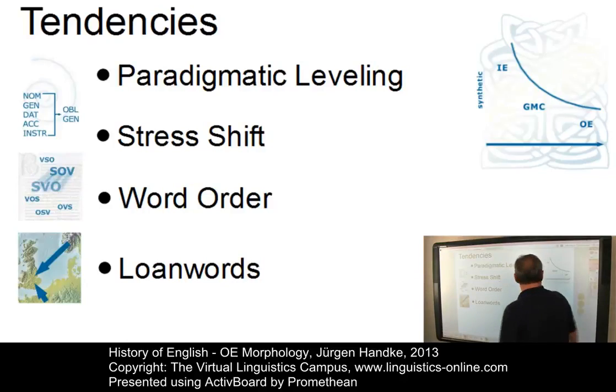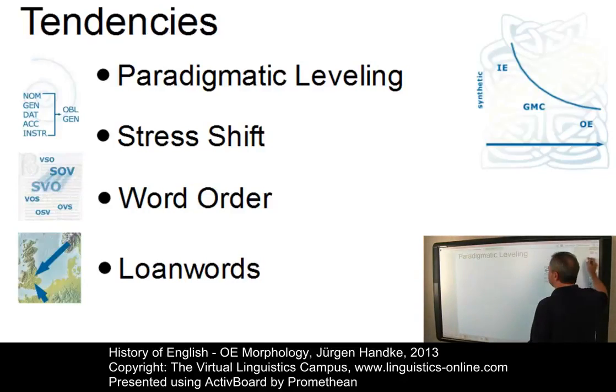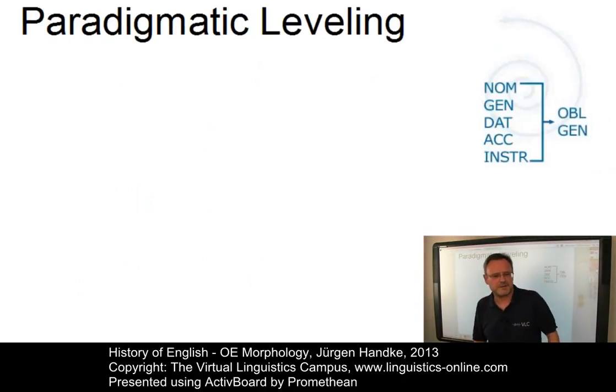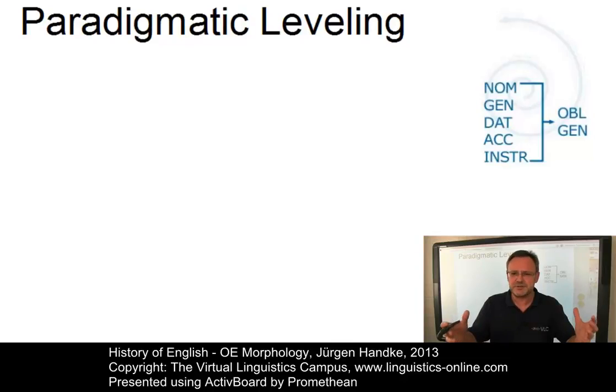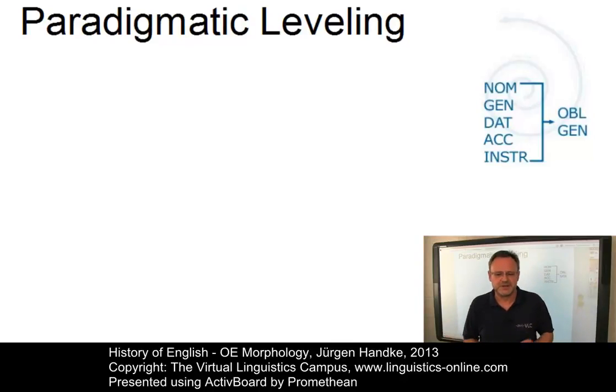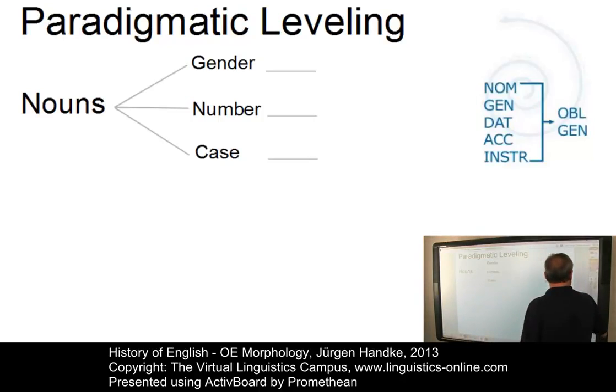Let us look at the first two aspects in more detail. Most paradigms in Old English did not contain the maximum amount of differentiation, and some paradigms had so few distinctions as to make the entire group virtually useless in distinguishing function in sentences. The standard inflectional categories associated with nouns are gender, number and case.